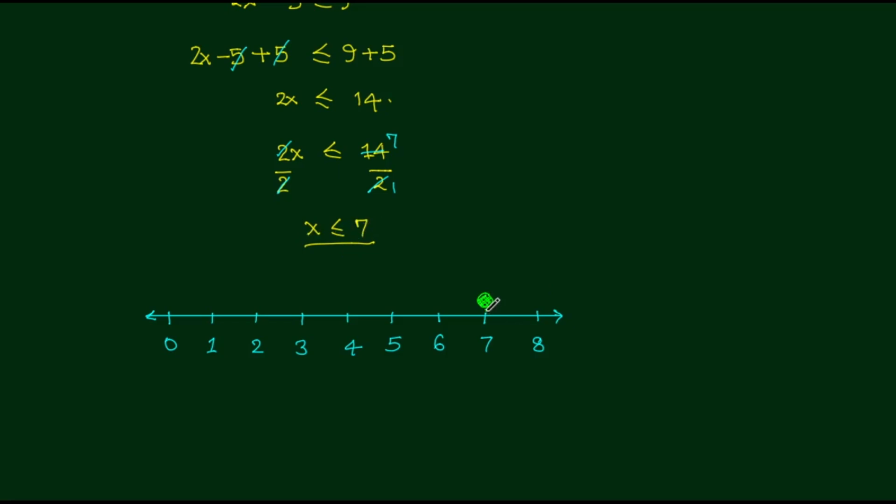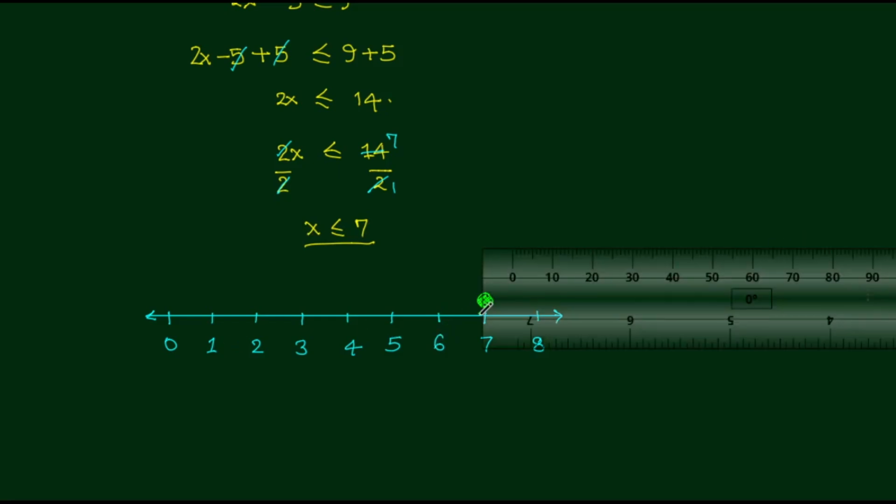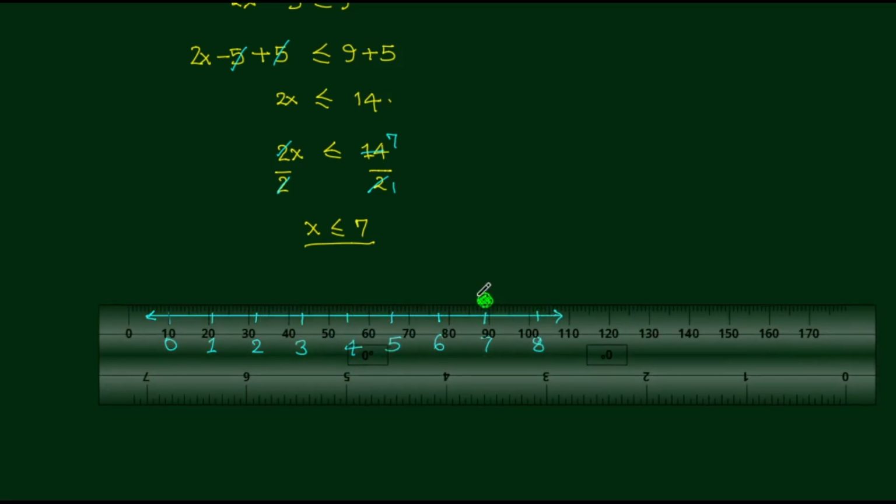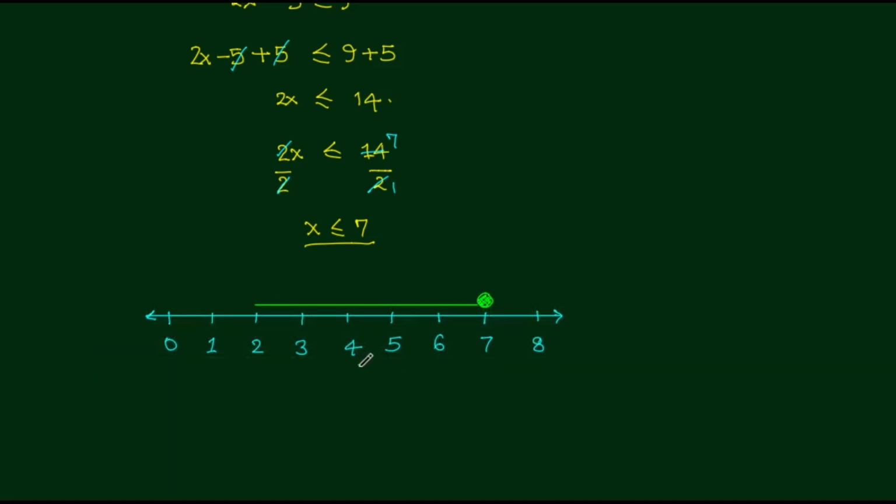So when you look at 7 here, the numbers less than 7 would be 6 or 5 or any other number to the left. From here we can bring our ruler and represent using an arrow facing to the left. Here we notice that these numbers less than 7 are also endless. And as before, we give our solution: x is less than or equal to 7.